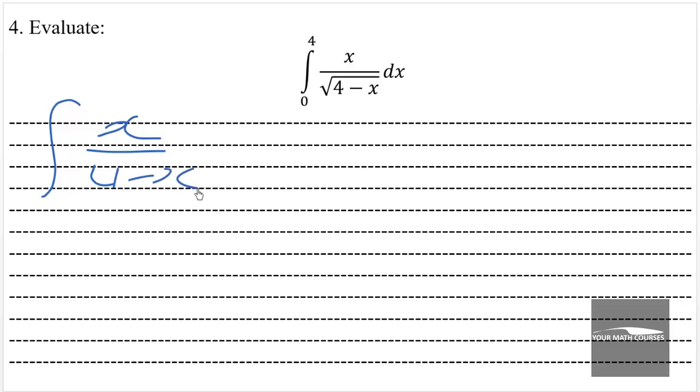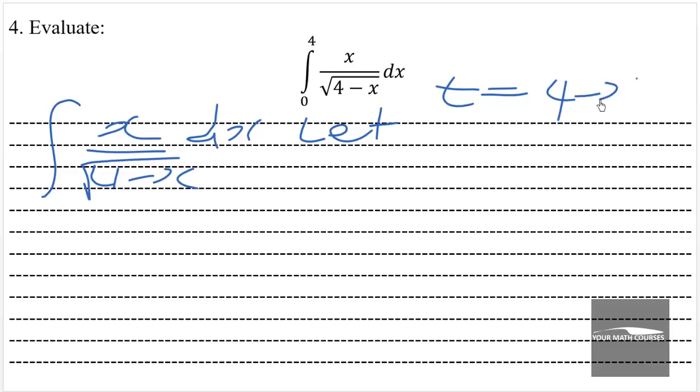We'll do the indefinite integral first, then we'll come and do the substitution. We will let t be equal to 4 minus x. Then when we differentiate, dt will give us negative dx.